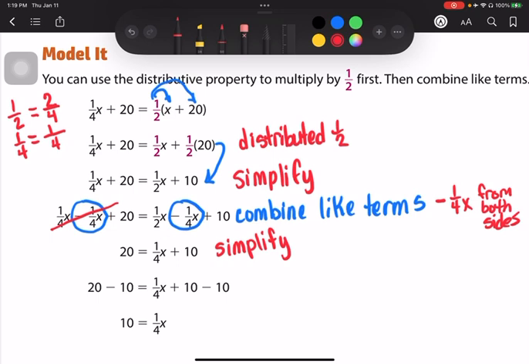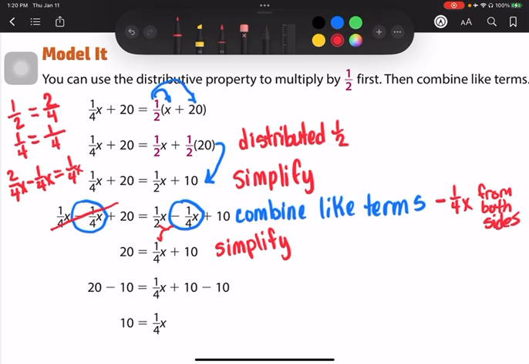So in this problem, the 1/2 x minus the 1/4 x is basically 2/4 x minus 1/4 x, which equals 1/4 x, which is how they went from this step to this step.